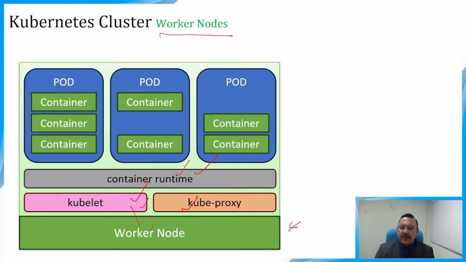Then next is the container runtime of a worker node. The container runtime runs the containers on the worker nodes. It is responsible for pulling the container images from the registry, starting and stopping the containers, and managing the containers' resources. The next is kube-proxy in a worker node. Kube-proxy is a network proxy that runs on each worker node, and it is responsible for routing traffic to the correct pod.